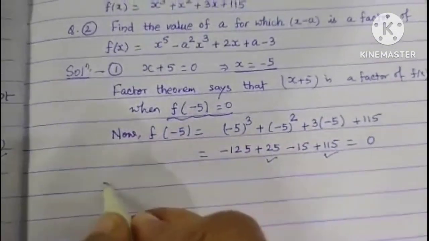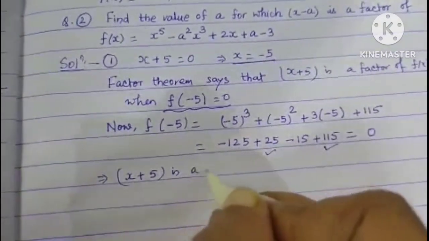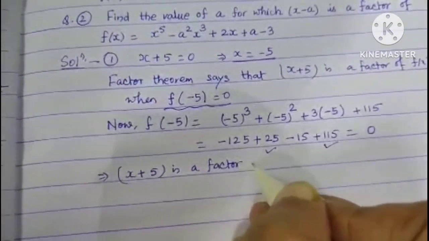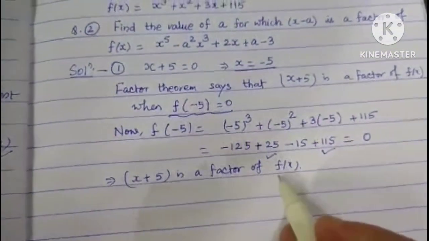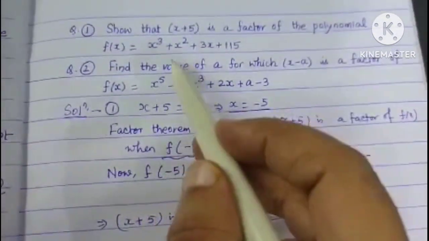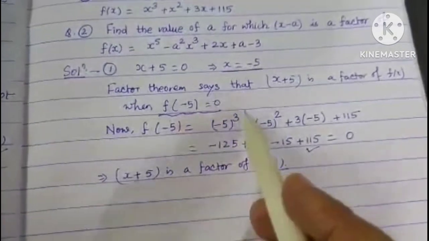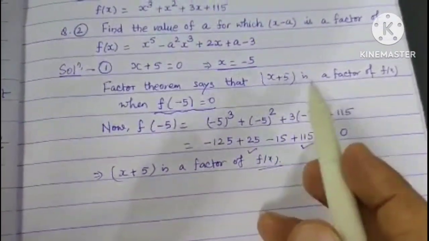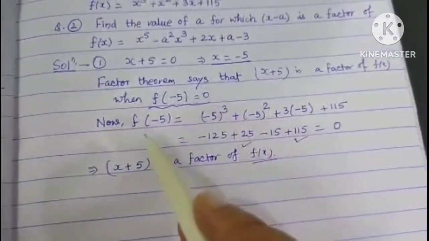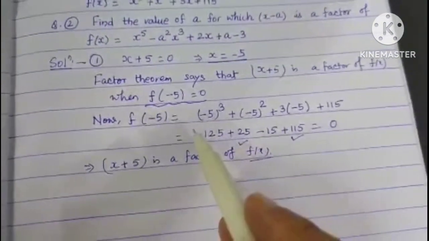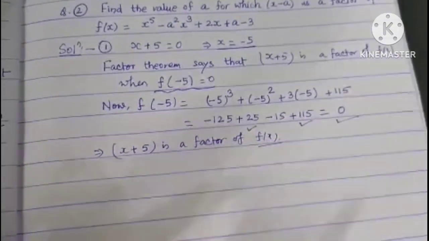So this implies x plus 5 is a factor of f of x. What is our given polynomial? f of x was x cube plus x square plus 3x plus 115. So from the factor theorem we have seen that x plus 5 will be a factor of f of x when f of minus 5 equal to 0, and when we check that f of minus 5, it comes out to be 0. Now we can say that x plus 5 is a factor of f of x.